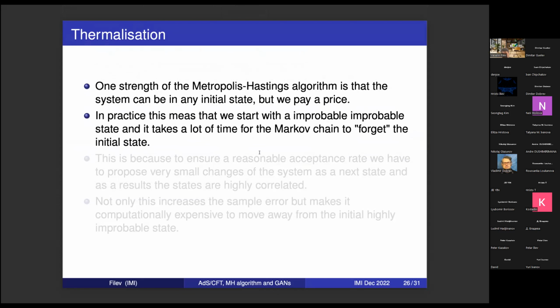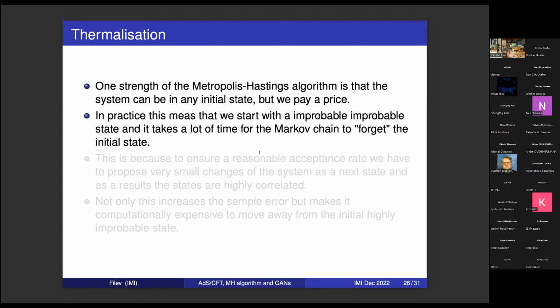Then the system has to evolve for quite a long time to forget the initial state. Why is that? Because starting from such an improbable state and guessing another state, you generate huge differences in energy, and you accept with very low, practically zero probability.